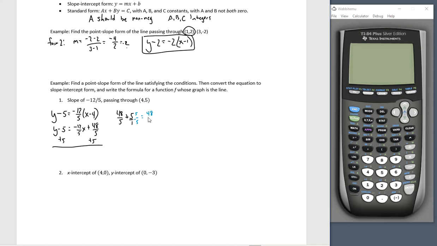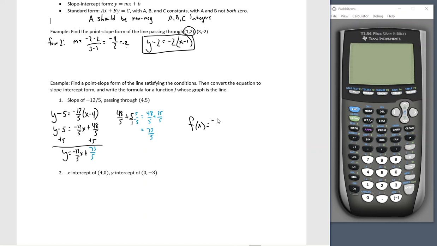So this will be 48/5 plus 25/5, which is 73/5. And we have y equals negative 12/5 x plus 73/5.